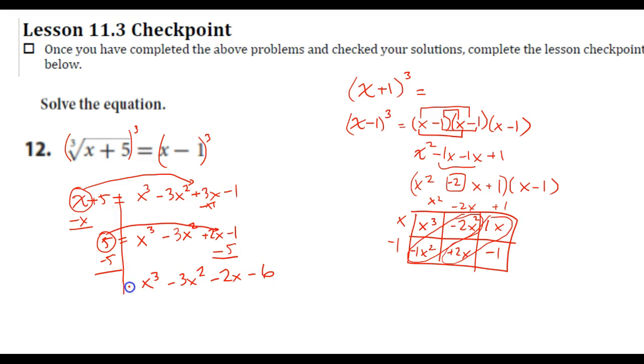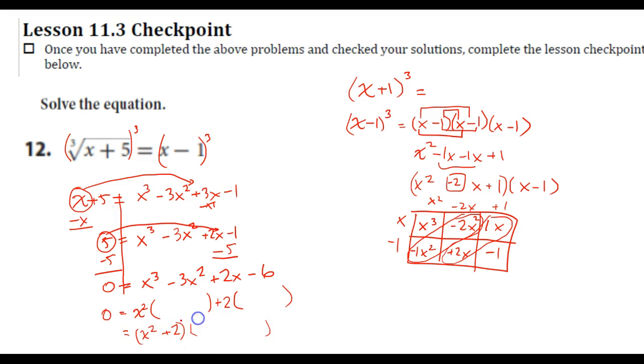So I'll give you a hint to factor. It looks like both of these have an x squared in common. Go ahead and see what that factors out to be. And go ahead and factor out a positive 2. You will have something that looks like this, x squared plus 2.